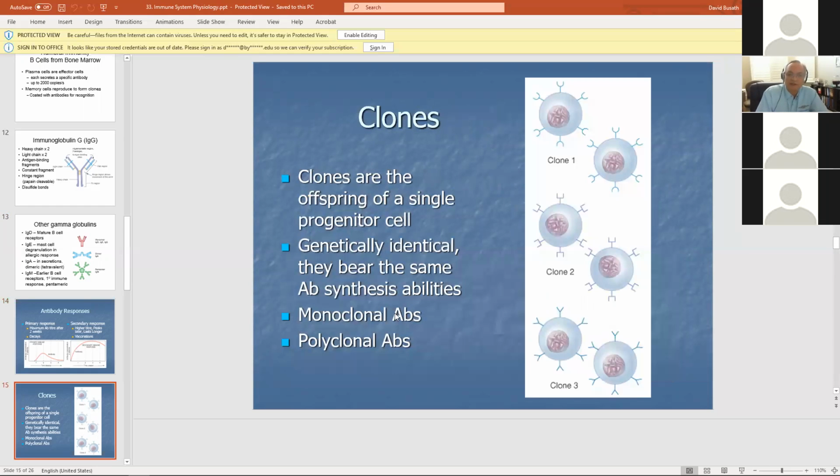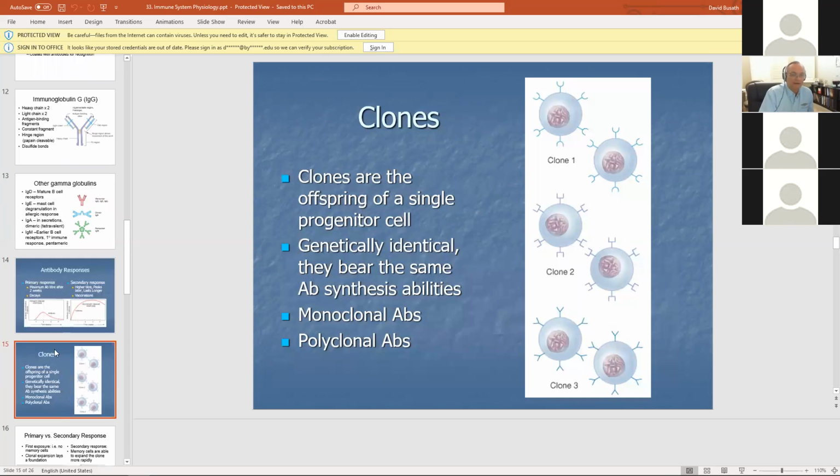Monoclonal antibodies are those that come from one particular cell. It can only express one type of antibody. If you have many different white blood cells that are all immune to the same pathogen, but at different epitopes or locations on the pathogen, different antigens of the pathogen, then we call that polyclonal antibodies.